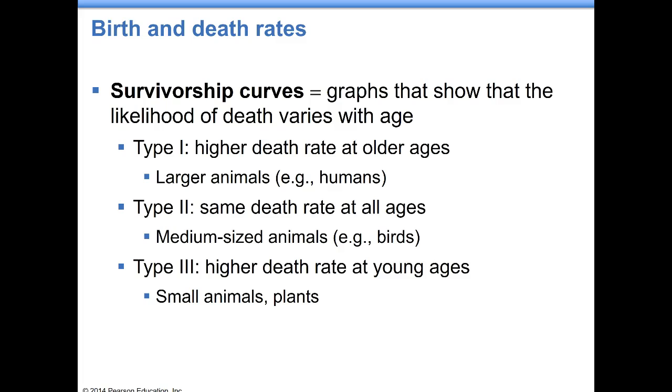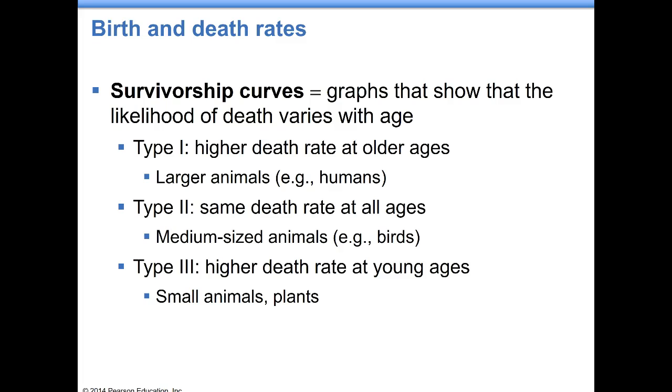So one of the things that you're going to be doing this year is making a survivorship curve. Hopefully you went to a cemetery and collected the necessary information, and you're going to work in groups.